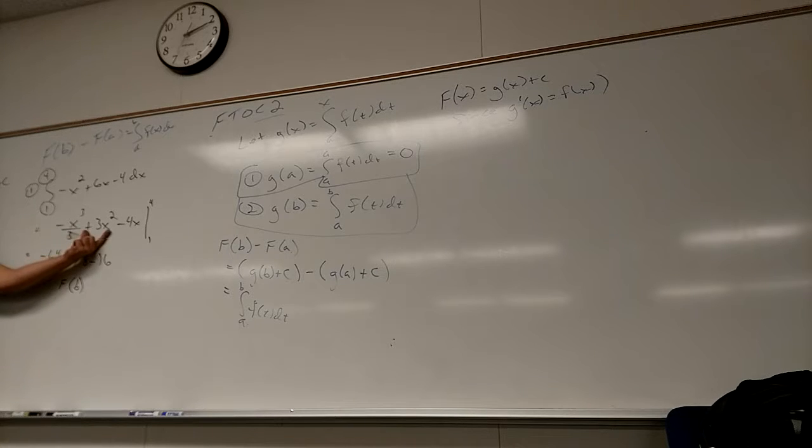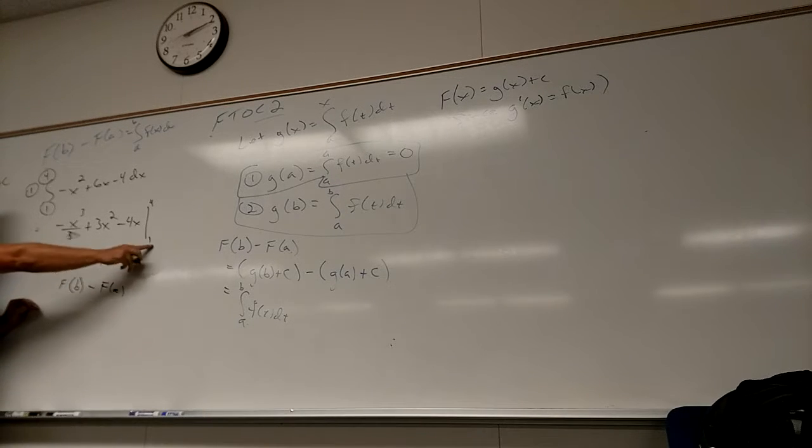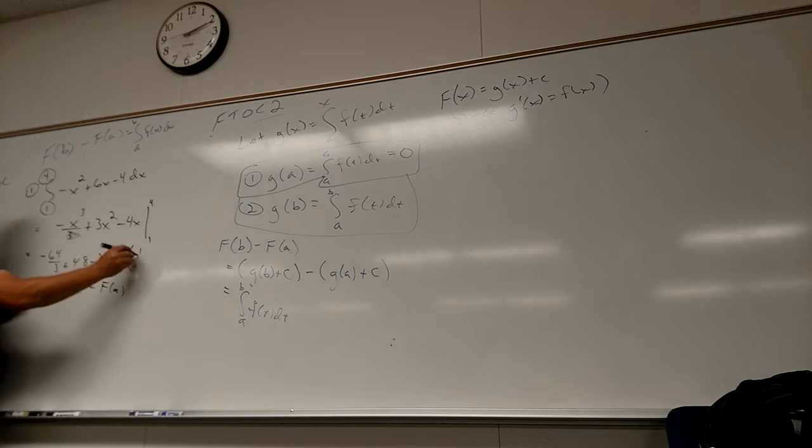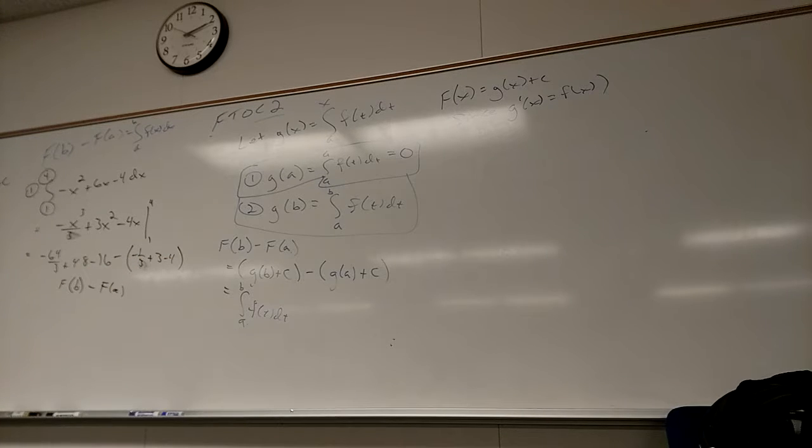That's big F evaluated at b, minus big F evaluated at a, which would be negative 1/3 plus 3 minus 4. One big mistake is people forget to bring that negative through.